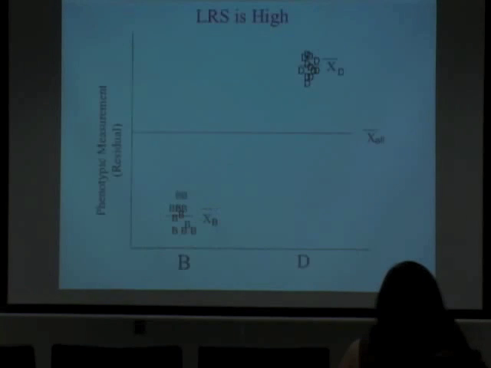So my point is, when you get the data to look like this, that everybody who's got the B form of the marker, their phenotype is highly discrepant from those that have the D form of the marker, that's when the likelihood ratio statistic is high. That's when we'll be getting those peaks in our QTL analysis. And what that suggests is around that marker, or even at that marker, there are genes that might have had a big impact on that phenotype.